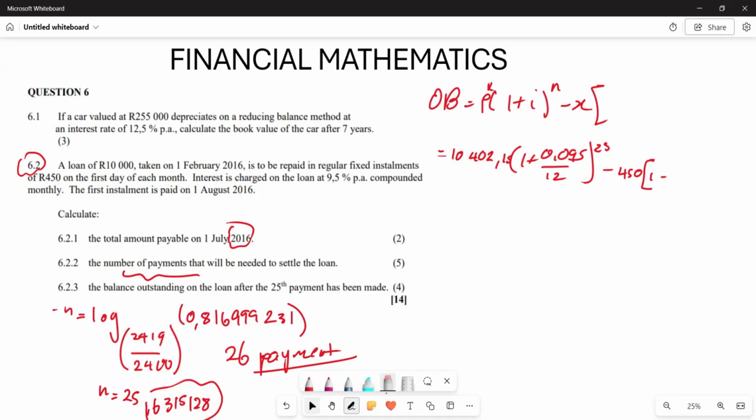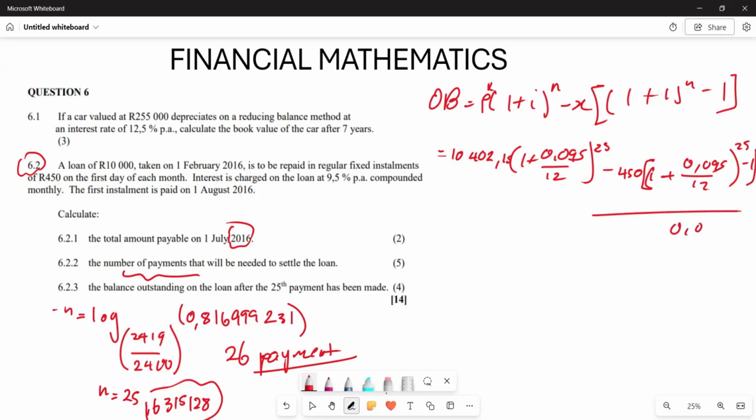So the formula here is 1 plus i to the power of n subtract 1, so this is 1 plus 0.095 over 12 to the power of 25 subtract 1, divided by 0.095 over 12. This is going to be the outstanding balance formula.